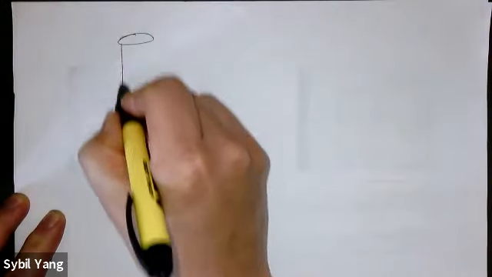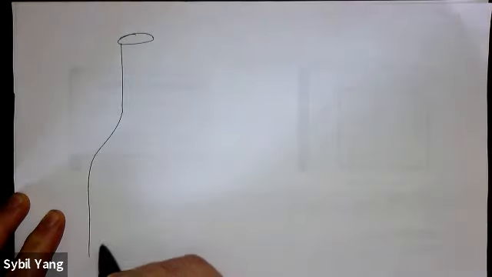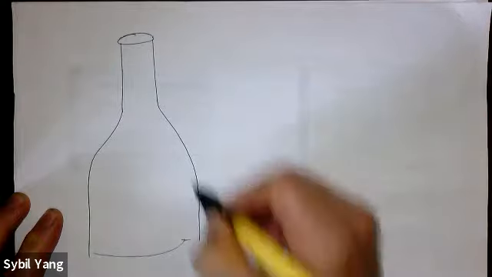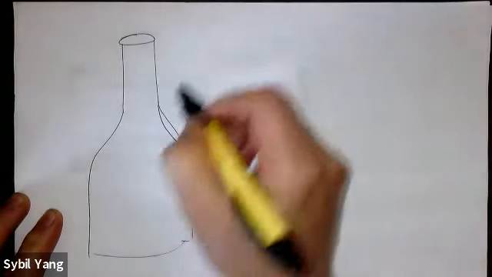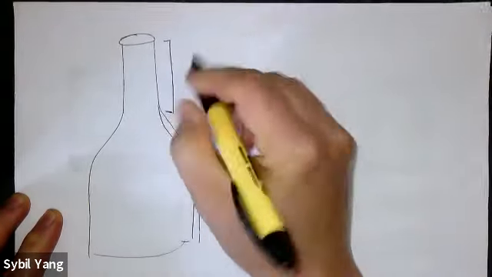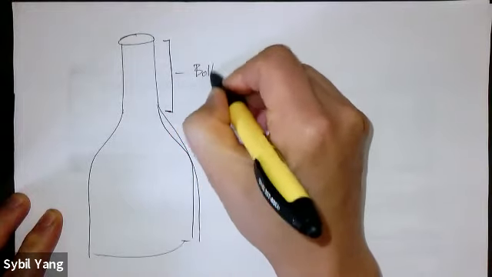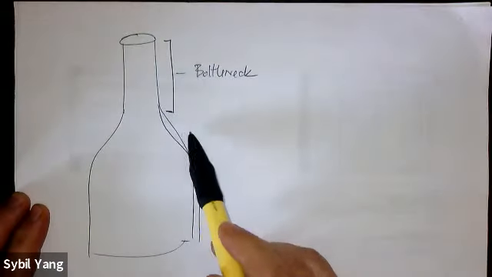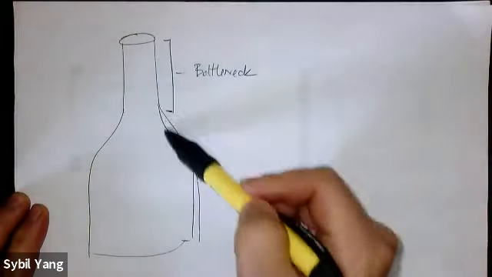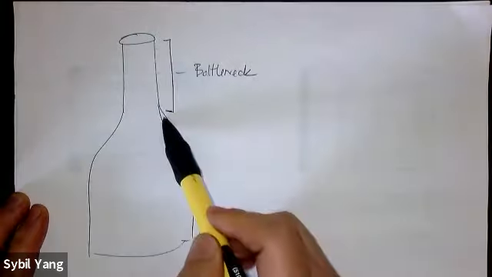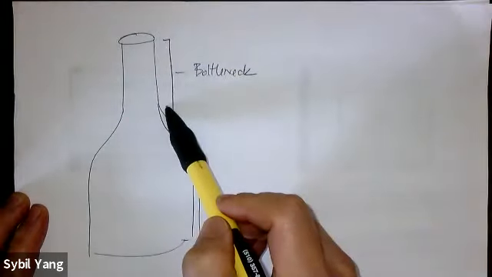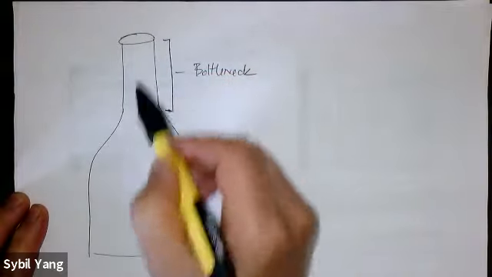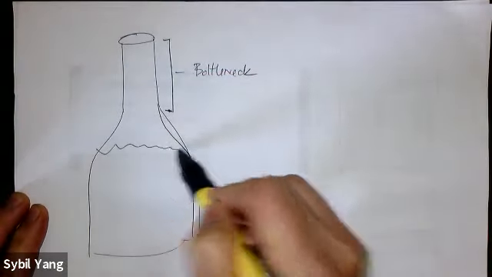When you have a bottle, and I'm going to draw a bottle here, sorry, it's kind of like a brandy bottle. This part here is considered a bottleneck. The reason the neck of the bottle exists is to constrain the flow of whatever liquid is in here.